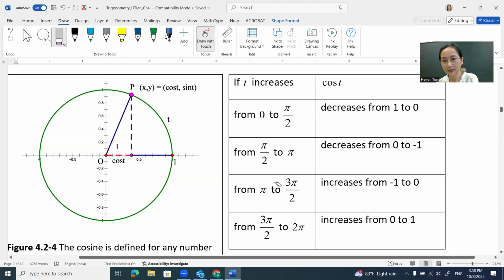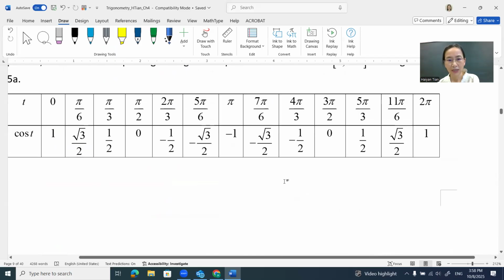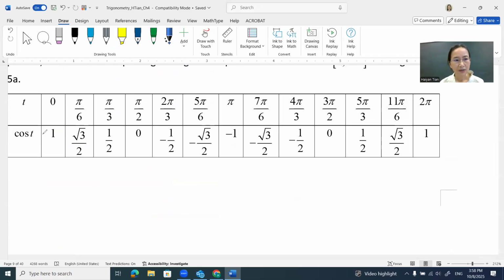And to see it using data points, we can draw a table just to get some concrete values of cosine t for different t values, because our interest is to do a sketch of the cosine curve.